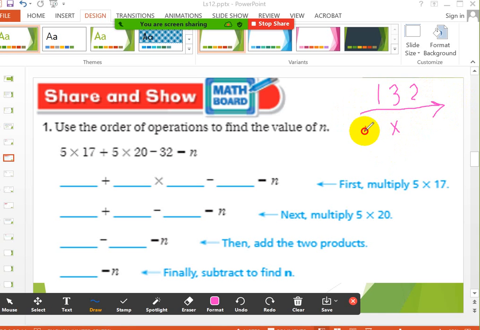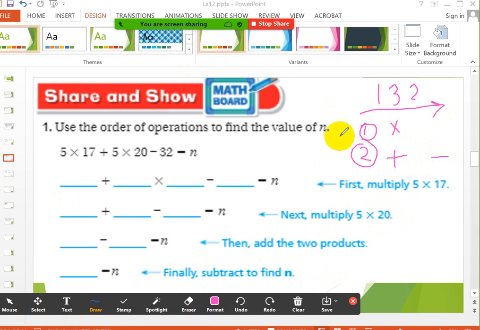Second, I have to do addition and subtraction, also from the right side to the left side.